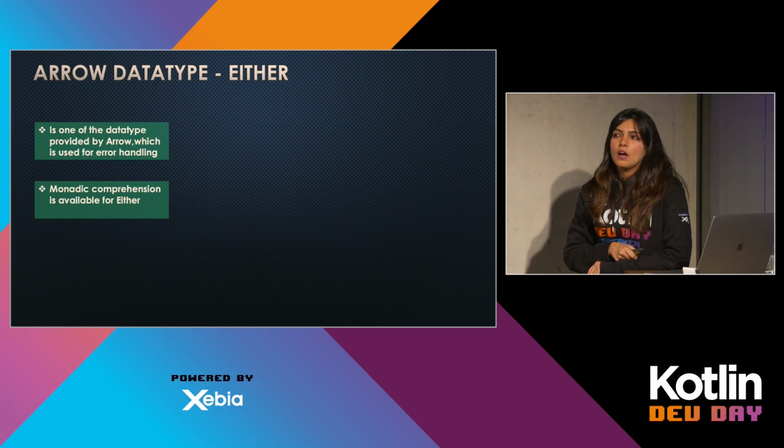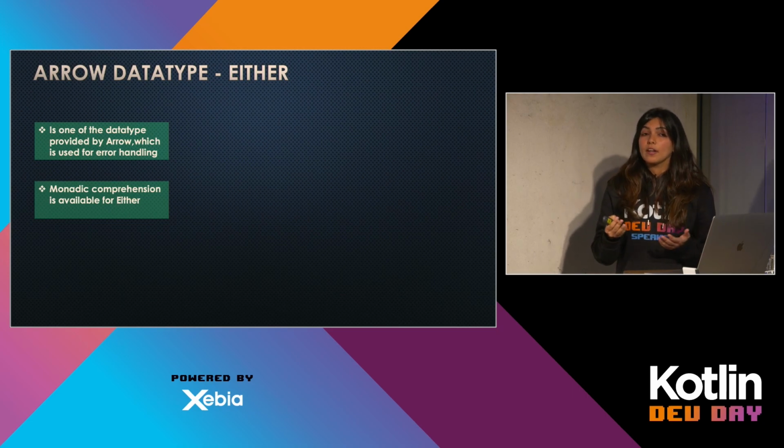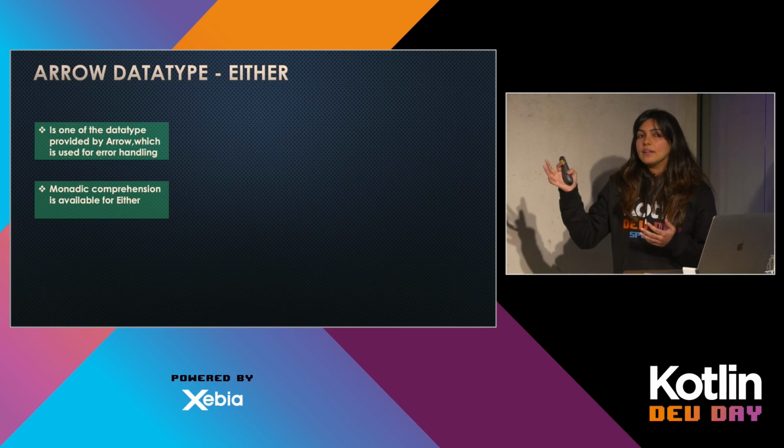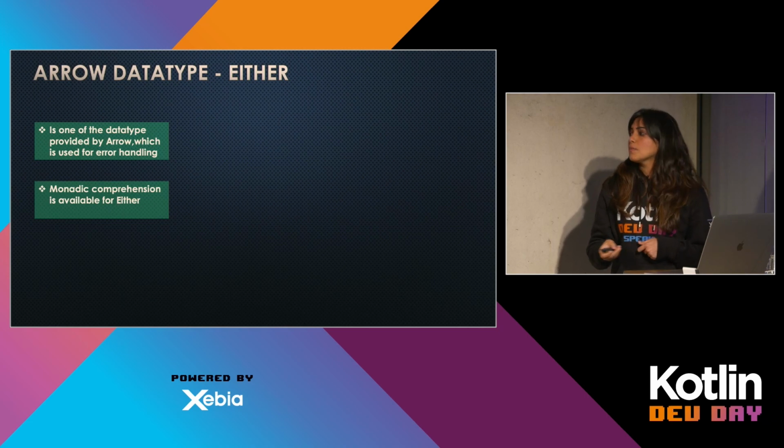What I mean is that all the data types within Arrow have monadic comprehensions, and Either can also be treated as a monad. So Either is a monad for us. It's a wrapper type which can hold a certain value, and you can perform chained operations on this monad.